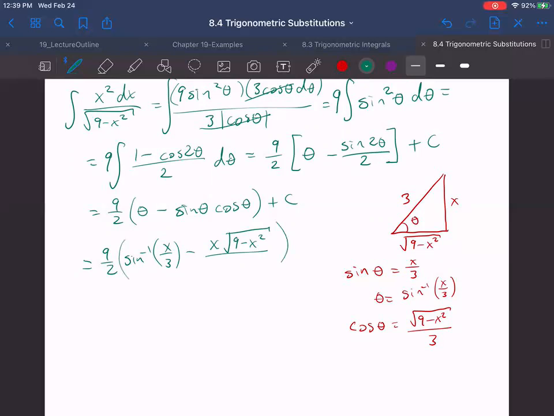This is 3 times 3, this is 9, just like that, right? And then plus c. We'll just do one more step. So now we'll distribute the 9 over 2. You end up with 9 over 2 arc sine x over 3. The 9s will cancel here, and we end up with x square root of 9 minus x squared over 2 plus c.